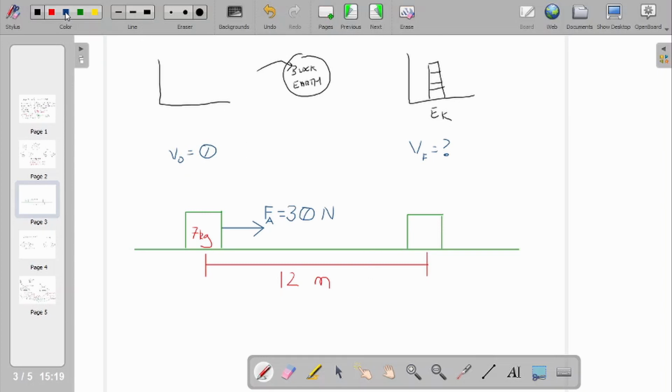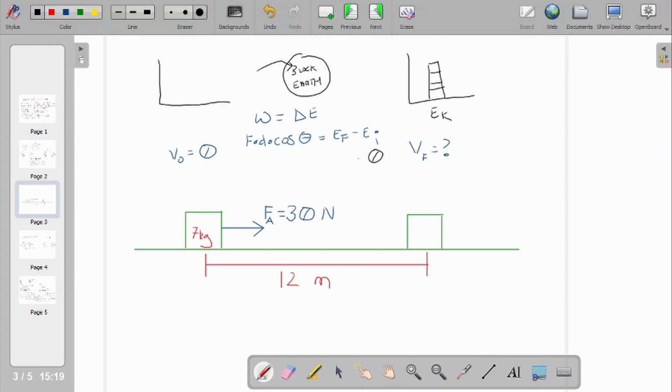From here, it's just a matter of getting our work energy theorem together. Work equals delta E, or my change in energy. In this case, my amount of work is force times the distance times cosine of the angle between them equals E final minus E initial. Now my E initial is 0. I see this from my diagram, so I can just make that 0 or cross it out.